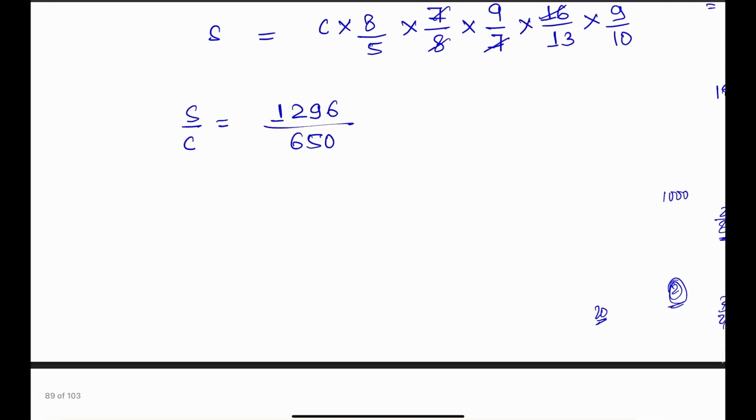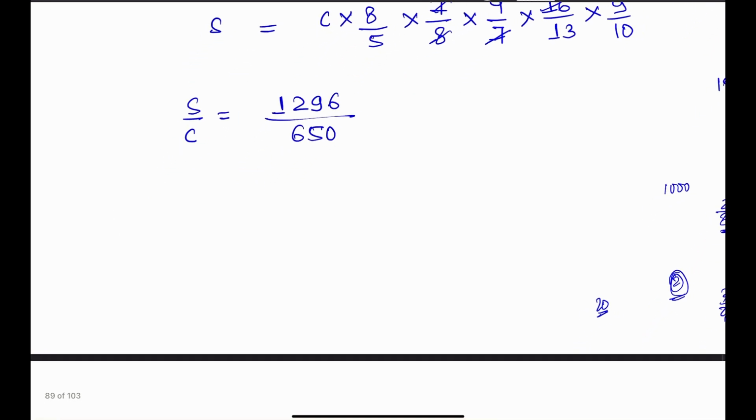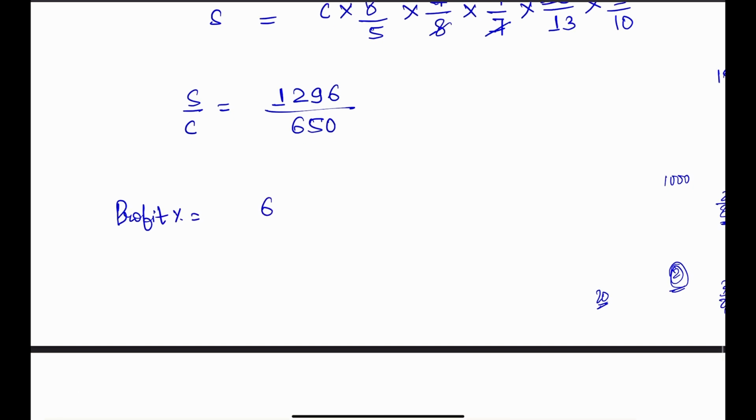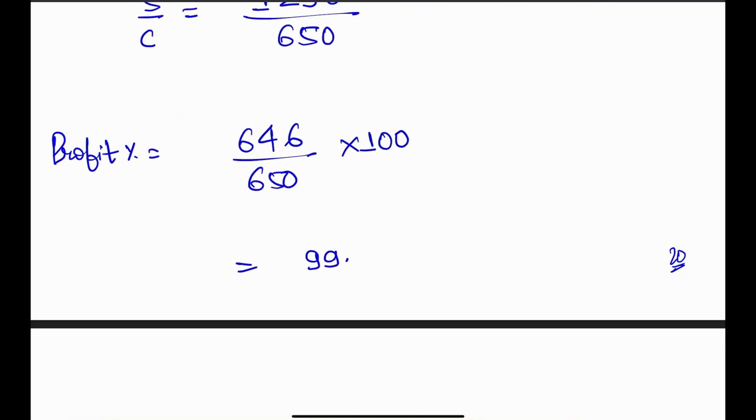So my selling price is this much, and my profit will be something. Profit percentage will be 646 divided by 650, so it's approximately 99%. 99 point how much percent? 4.